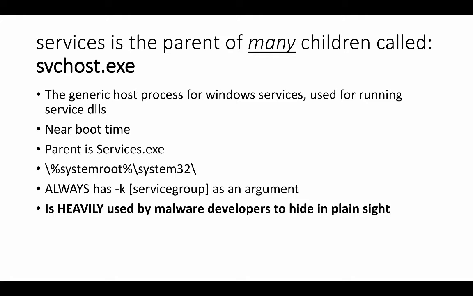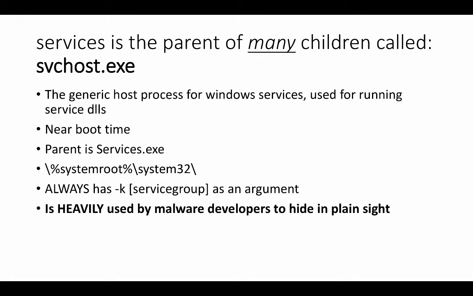It generally is run during boot time. The parent is always services.exe, and I'm going to show you some tools and tricks that you can use to make sure all the parent-child relationships are all cool. So services.exe gives birth to svchost.exe, and it gives birth to a lot of them depending upon how many services need to run in Windows. Now, System32 is the directory again, and it always has this -k service group as an argument.